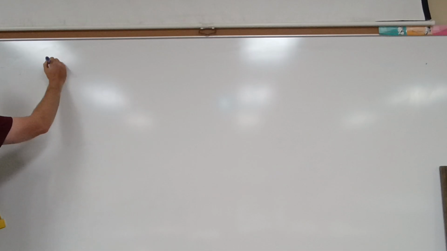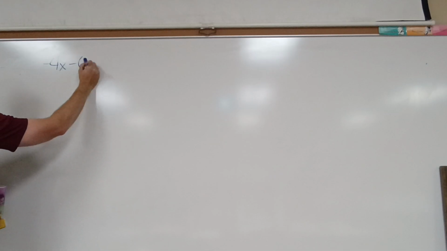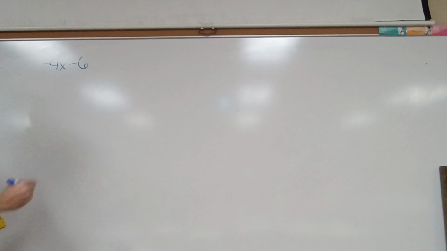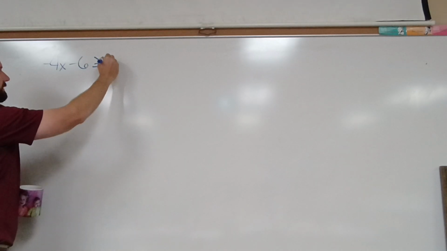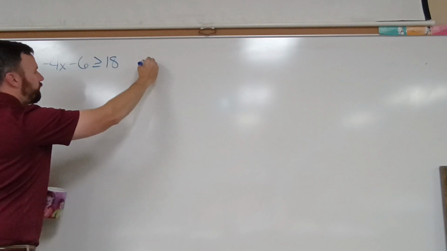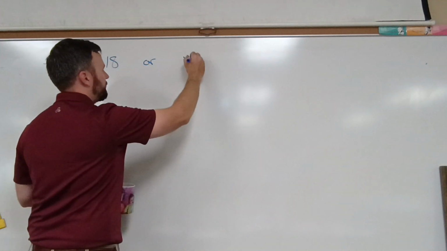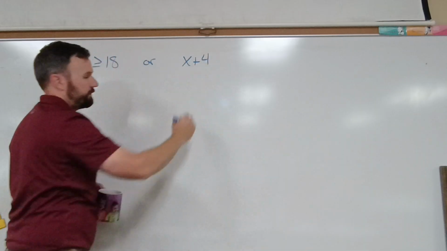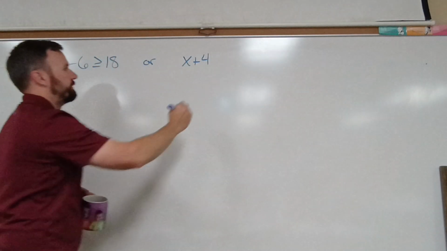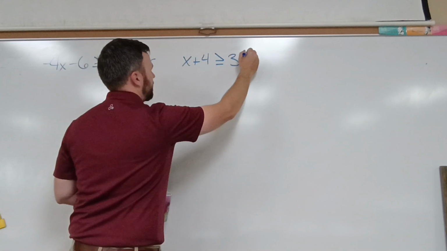All right, so that was one thing that's going to come up. Here's another thing that would come up. This is actually very similar. What if I did that and then did this? I think I put 18 or x plus 4.